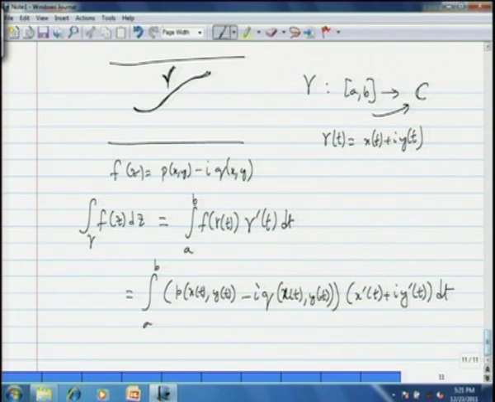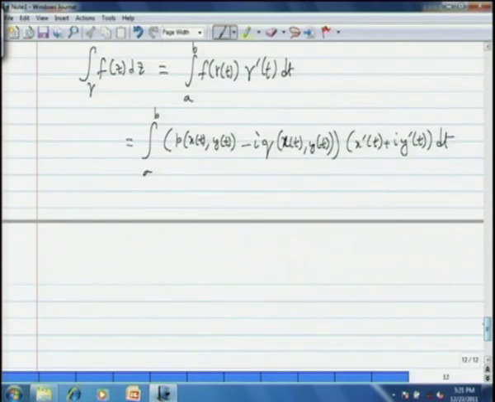Okay. So, for simplicity I will drop writing x of t, y of t, etcetera. I will simply write this as p minus i q times x prime plus i y prime, since what each one is a function of is clear from the context.